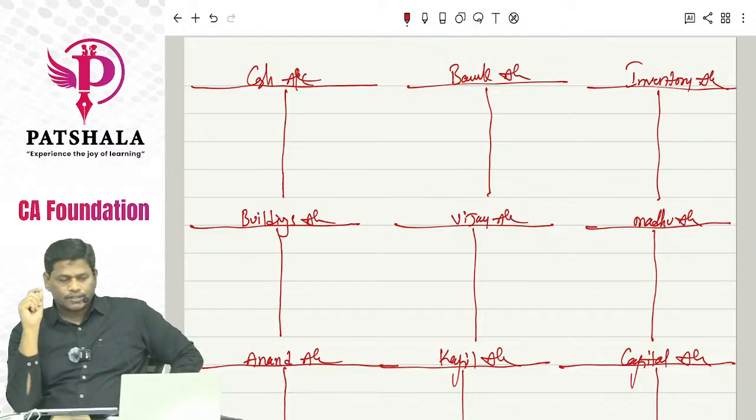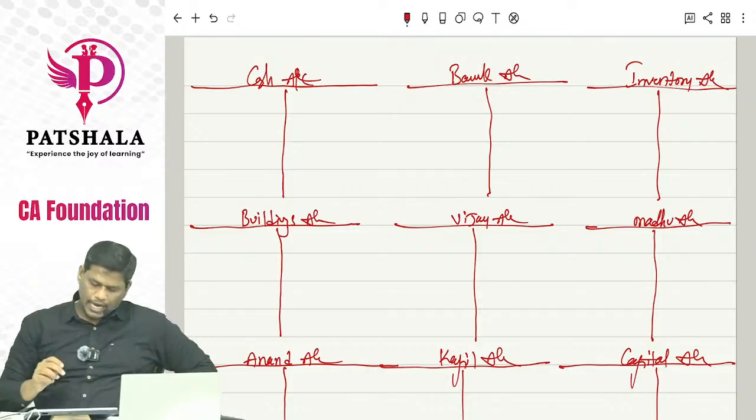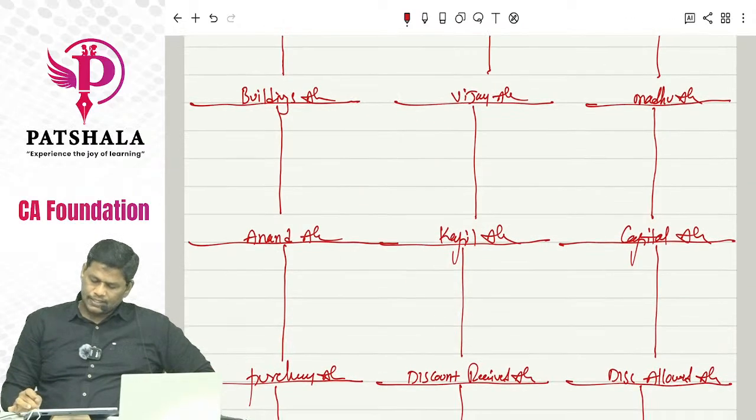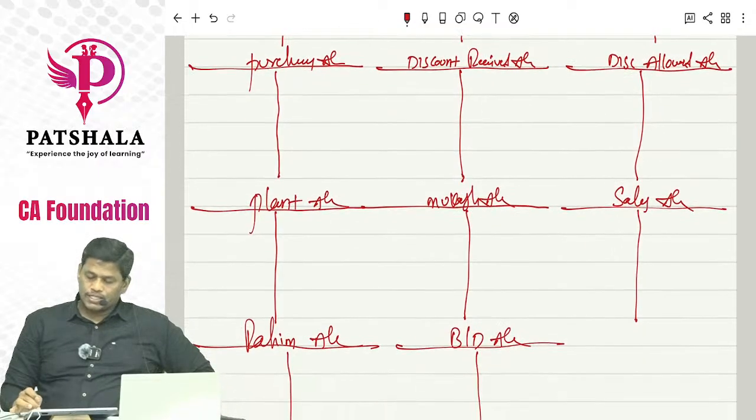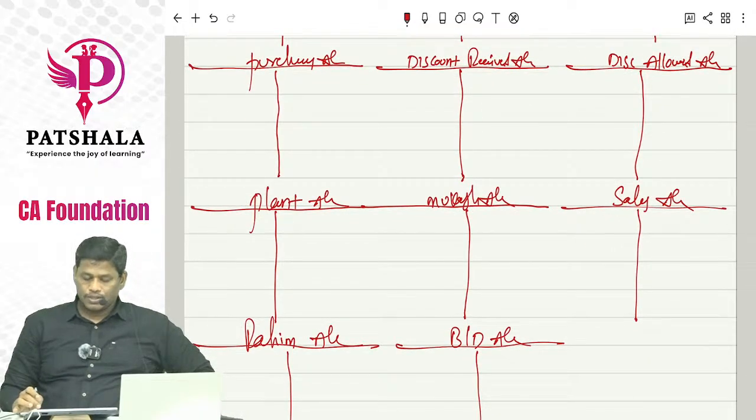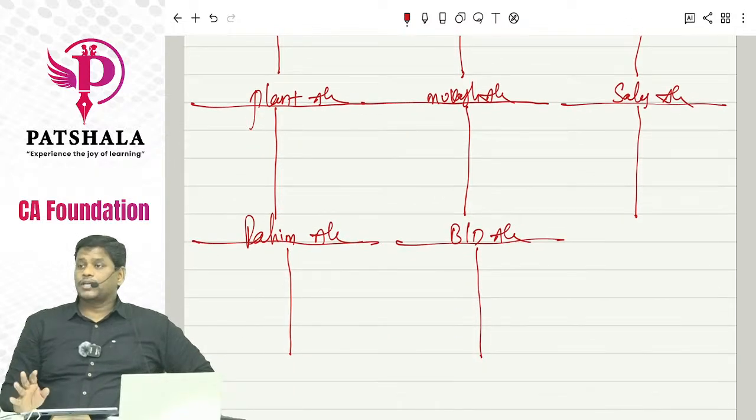Cash, bank, inventory, buildings, Vijay, Madhu, Anand, Kapil, capital, purchases, discount received, discount allowed, plant, Mukesh, sales, Rahim, bad debts. These many accounts you have to open.